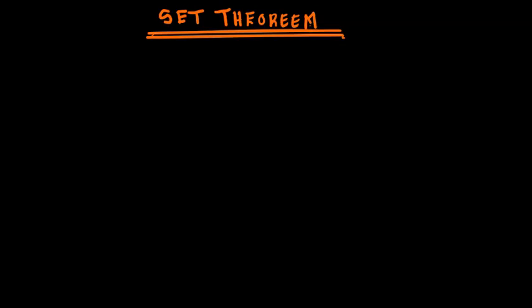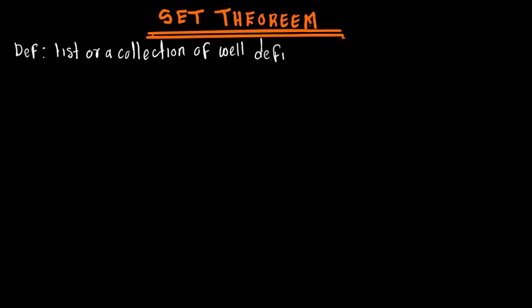Well, guys, we all know that a set by definition is a list, or let me just call it a list or a collection. Okay, so it's a list, or we can just call it a collection of well-defined objects.